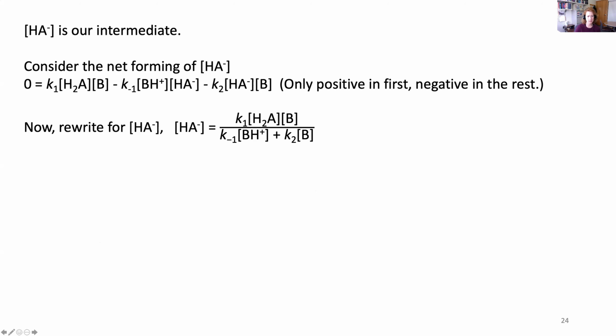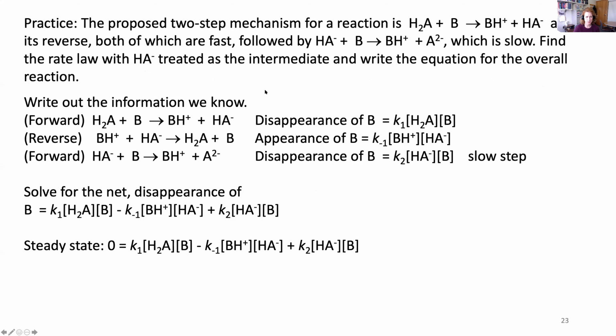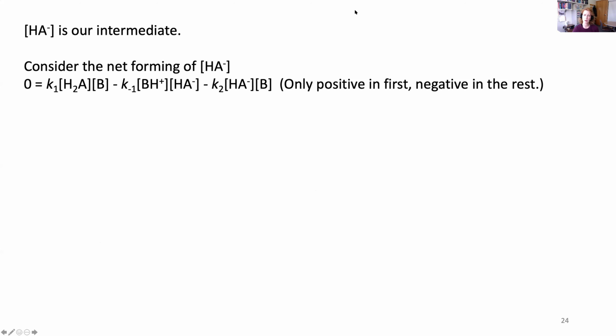So what they're doing here is they are subbing that back into B here. But I wonder, let me check something real quick. B equals K2 HA minus times B. Is that right?